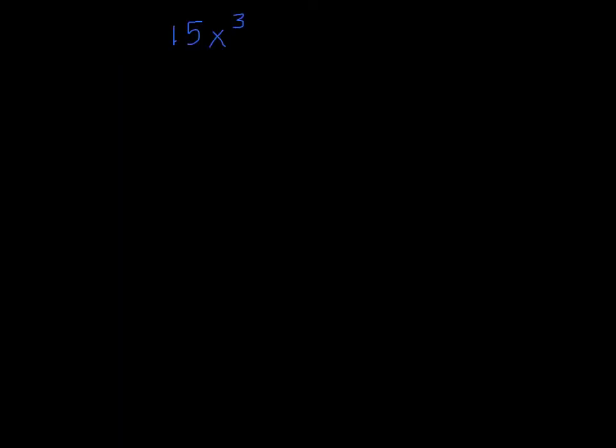The next part says factor the monomial. We have 15x to the third, and they want you to do exactly what we just did. If you broke it down into its factors, 15 could be 1 and 15, 3 and 5.